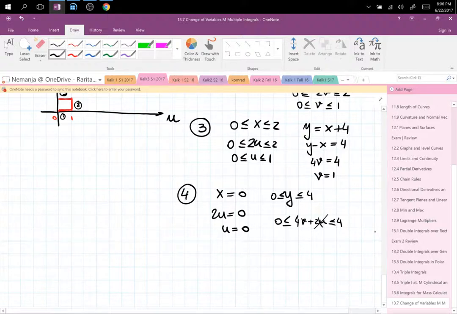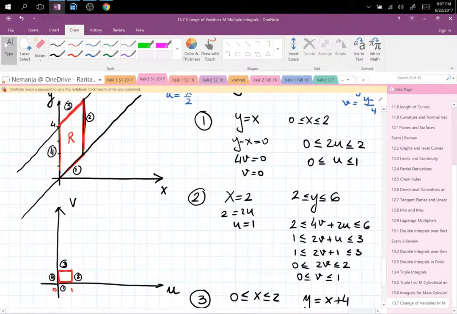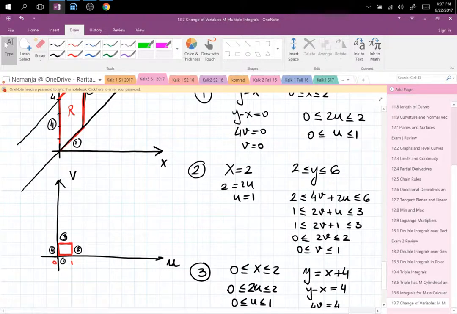And when you divide everywhere by 4, we get 0 less than v less than 1, which is vertical. So this particular transformation took this parallelogram from region R and turned it into a square region S, a square of side 1, which is awesome.